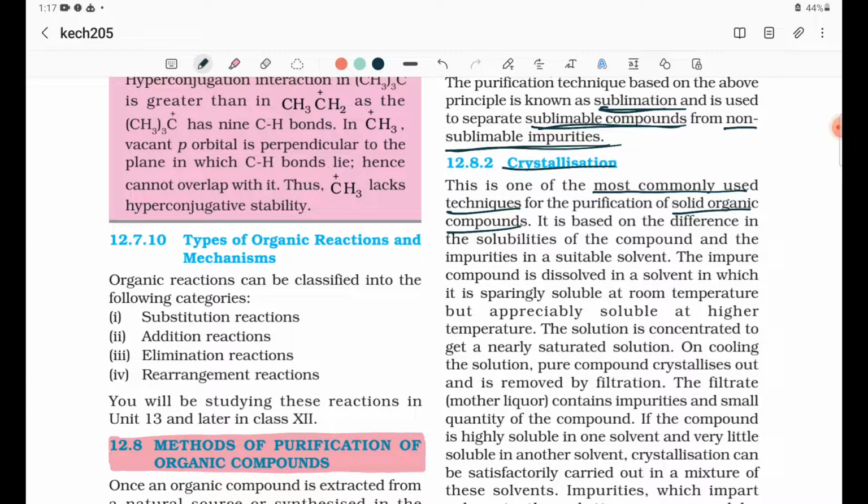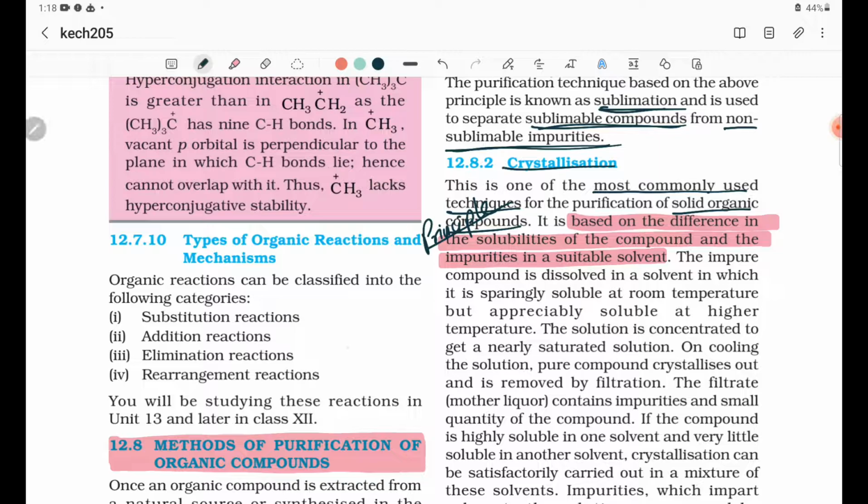These lines are very important: it is based on the difference in solubilities of the compound and impurities in a suitable solvent. This is the principle.